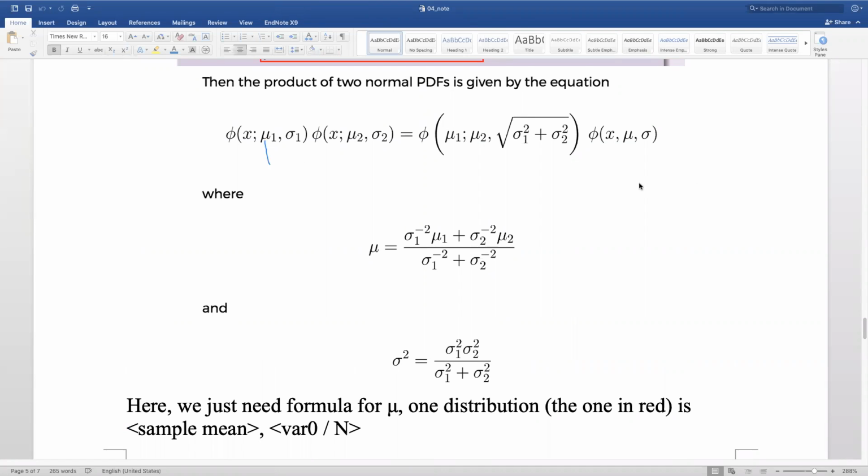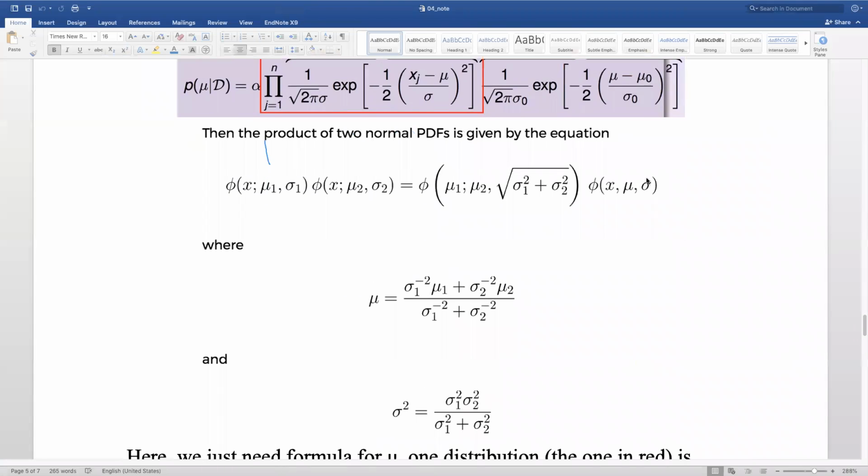If we scroll up a little bit, because it's an unbiased estimation, mu1 is still mu. But if you look at the sigma, because we have n items, the sigma is effectively reduced to sigma divided by n.